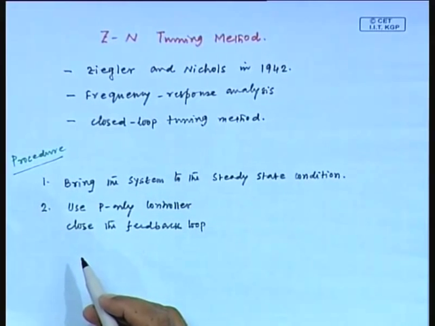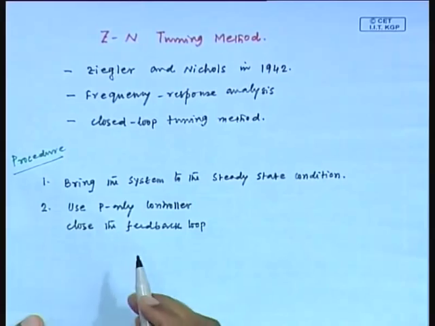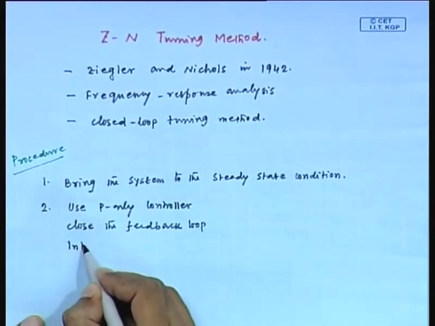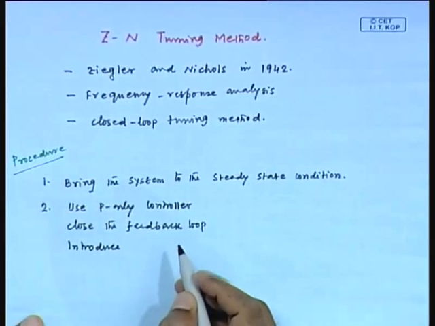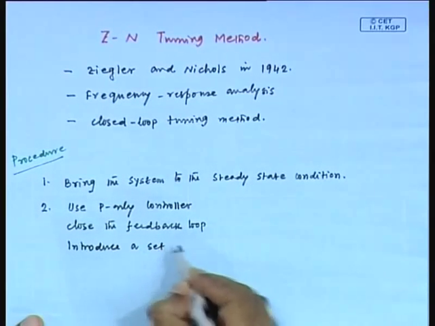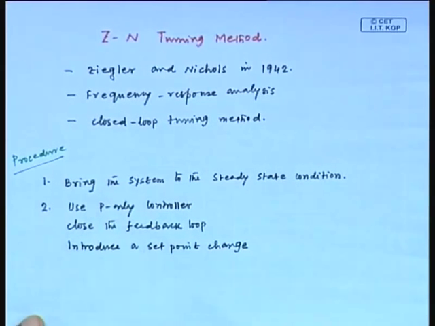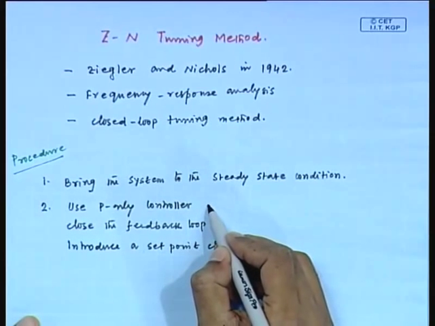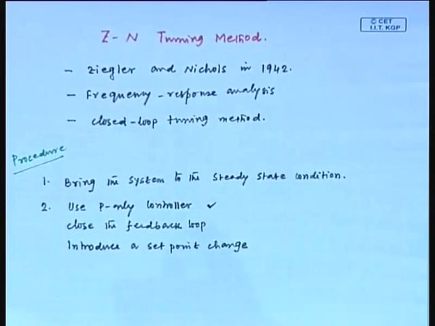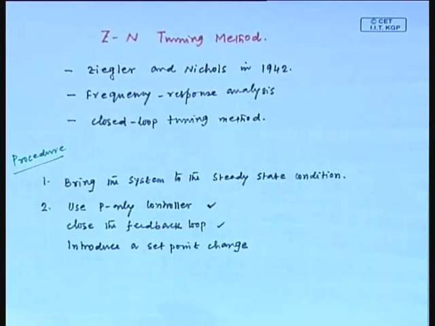Then introduce a set point change. Fine. So, first we need to employ P only controller, not PI or PID. At the same time you close the feedback loop. Then introduce a set point change.